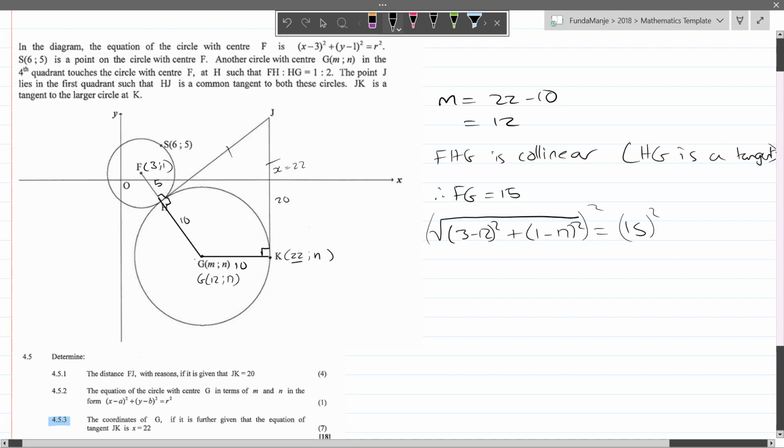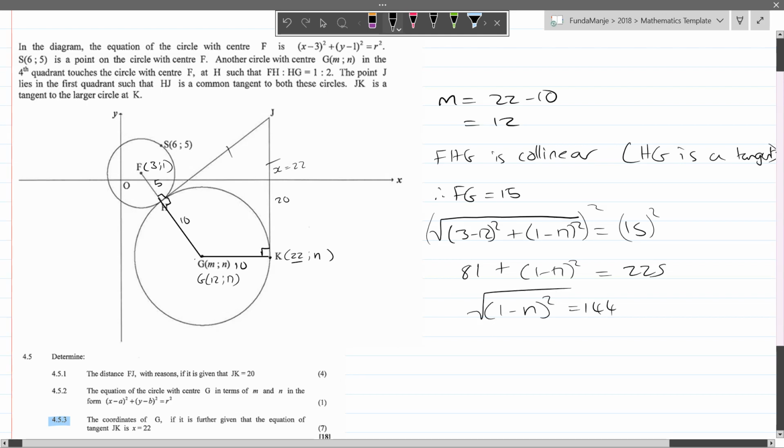Here we get 3 minus 12, that's minus 9 squared, which gives us 81, plus (1 minus n) squared is equal to 15 squared, which is 225. Take the 81 to the other side and you're left with (1 minus n) squared equals 225 minus 81. That gives us 144.